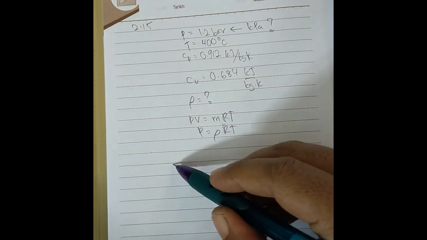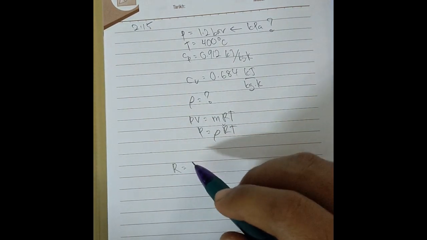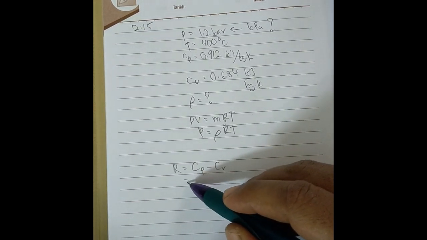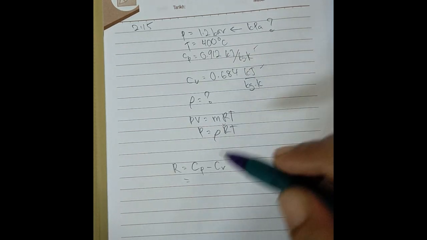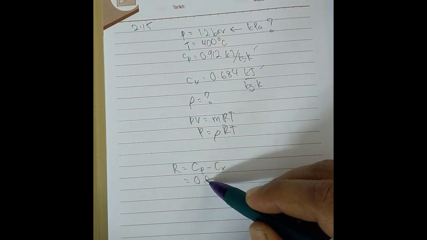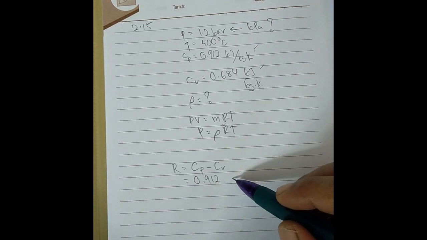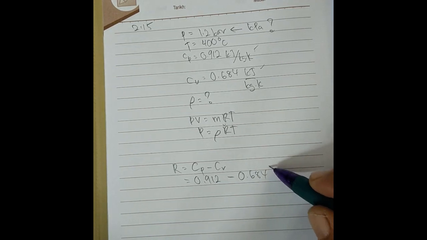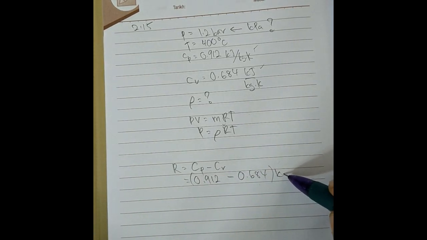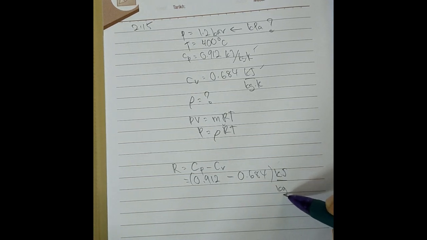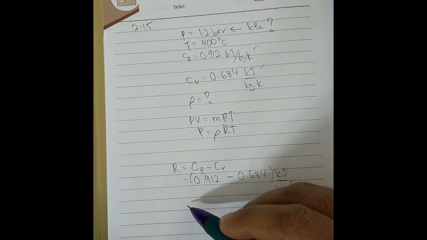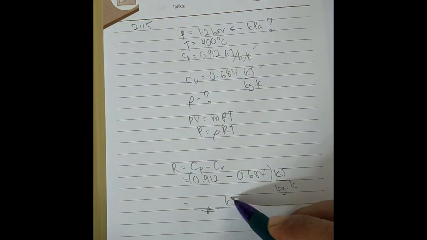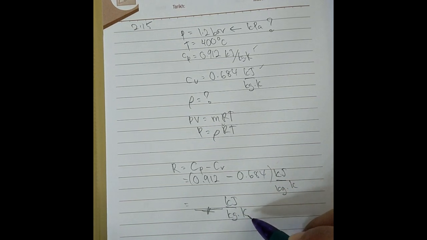So the gas constant R is Cp minus Cv. So we got here the answer in kilojoule per kg Kelvin.